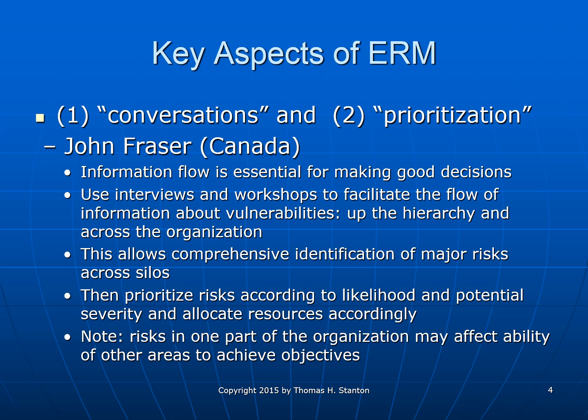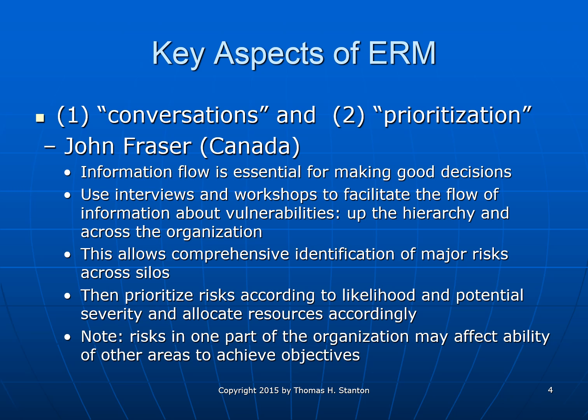Basically, once again, John believes that information flow is essential for making good decisions. Too often, people at the top of an organization simply don't know important elements and vulnerabilities that exist in the middle or bottom of the organization.